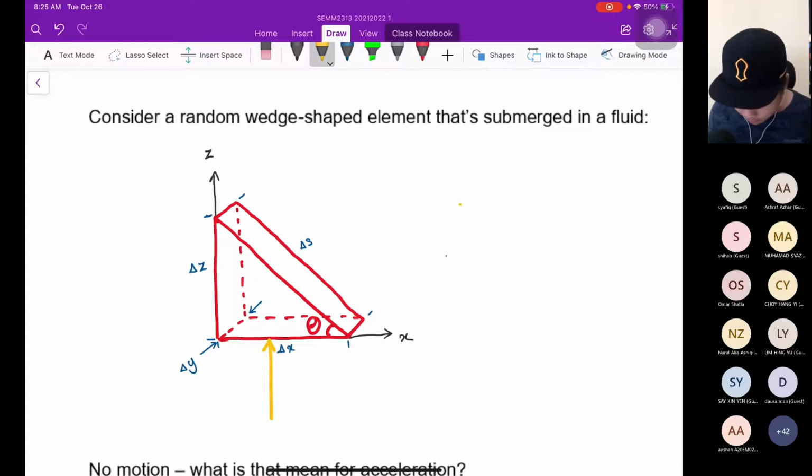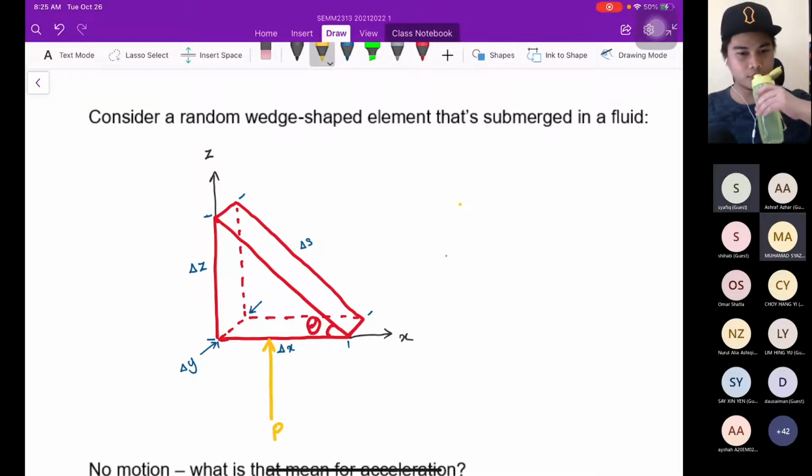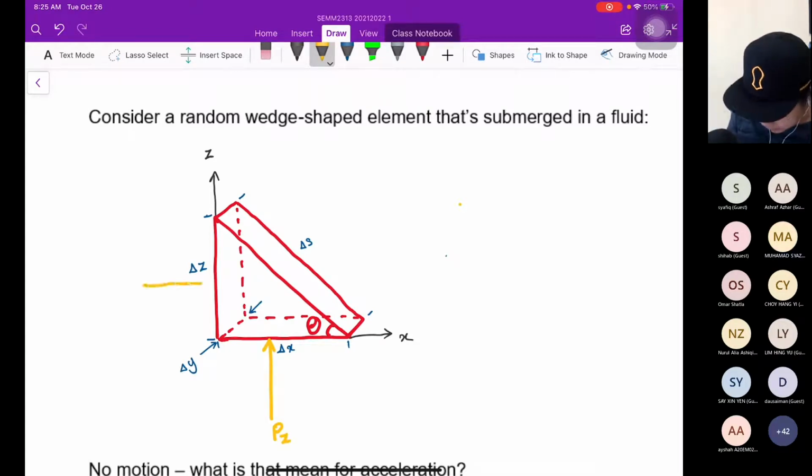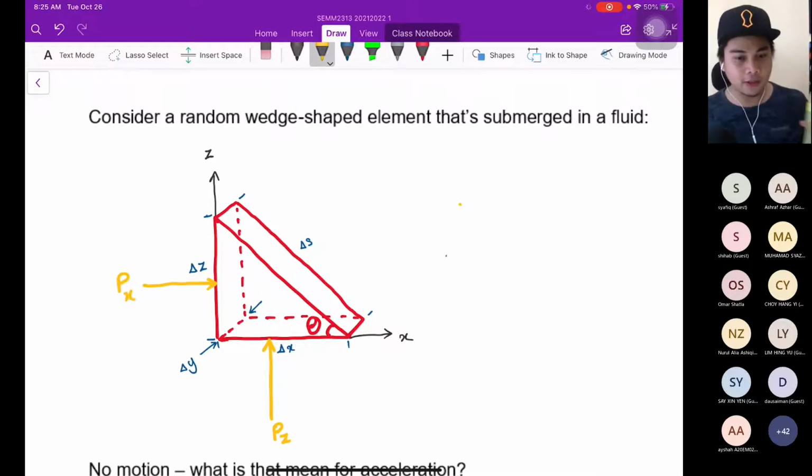So here we call it the normal force P, pressure. Which direction? Pressure in which direction? Z direction, X or Y direction? What do you think the pressure at the bottom? Z direction. This will have the normal force, which is pressure from the X direction. Any other force?